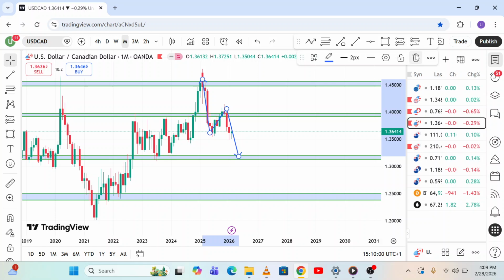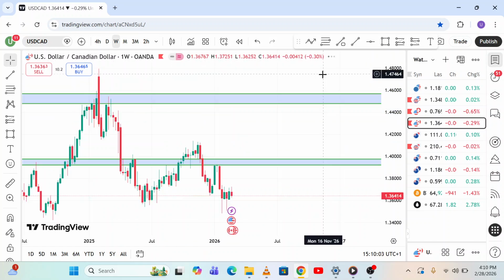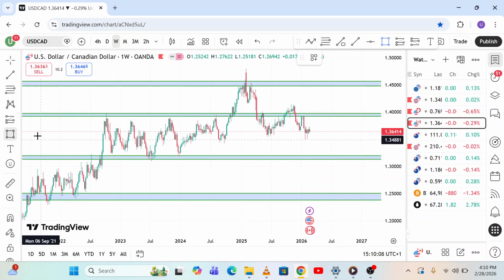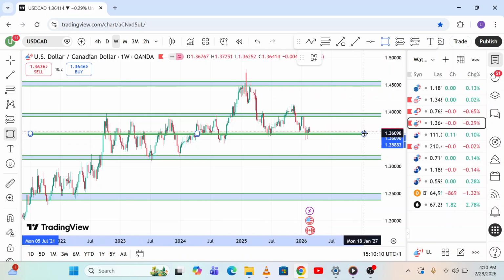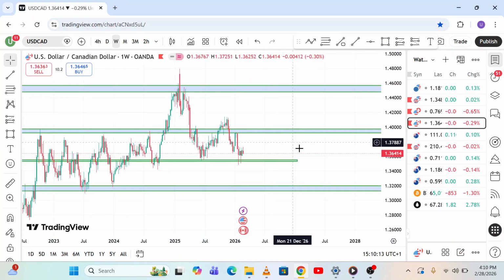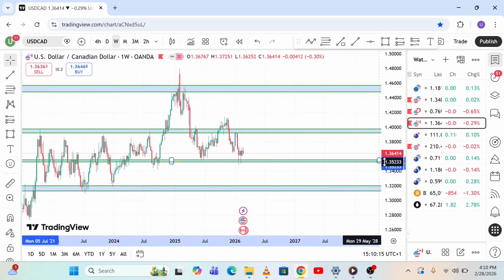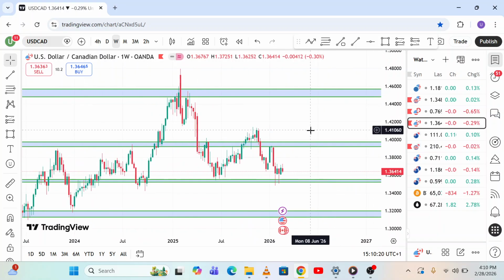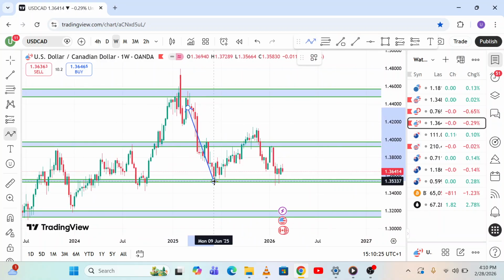Okay, cool. Let's go in a weekly time frame to see what's going on. As you can see here, we have a break of structure, but the buyers managed to break upward, but didn't continue upward, and rather broke back in a downward trend, a break of structure.